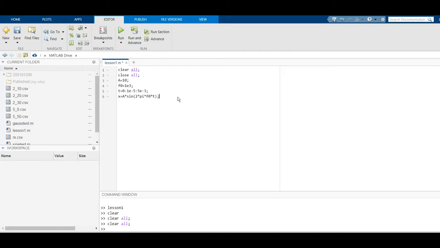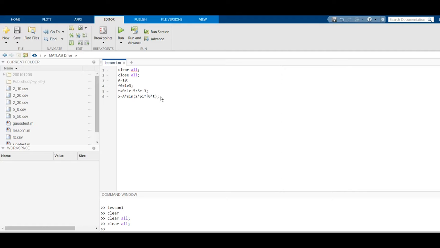You must have noticed, why am I putting a semicolon after each and every line? If I'm not putting this semicolon, when I'm running this program, whichever line I did not put a semicolon on will get printed in the command window. So I don't want any of these things to be printed in my command window, and so I'm putting a semicolon there.